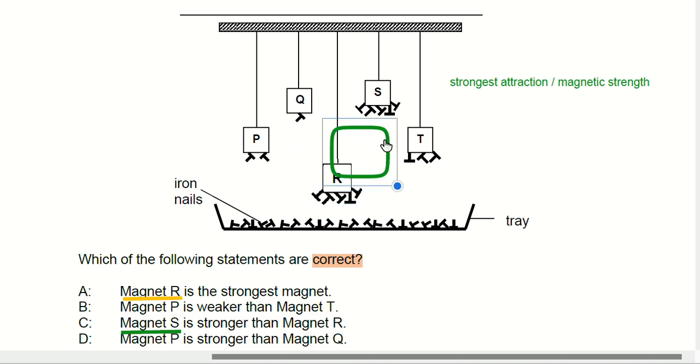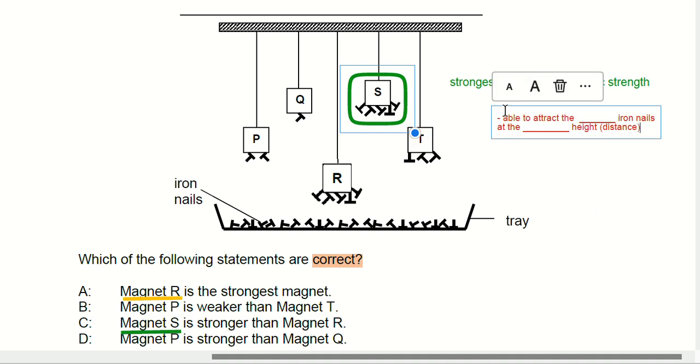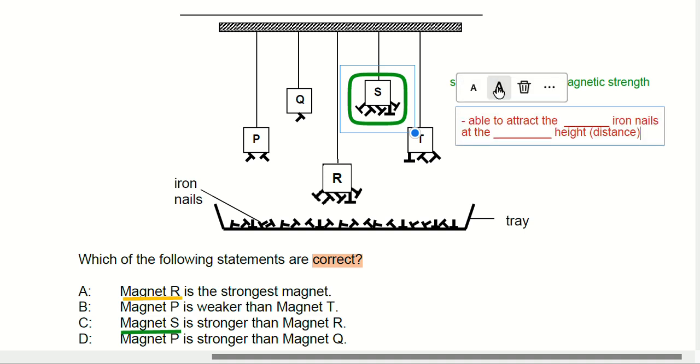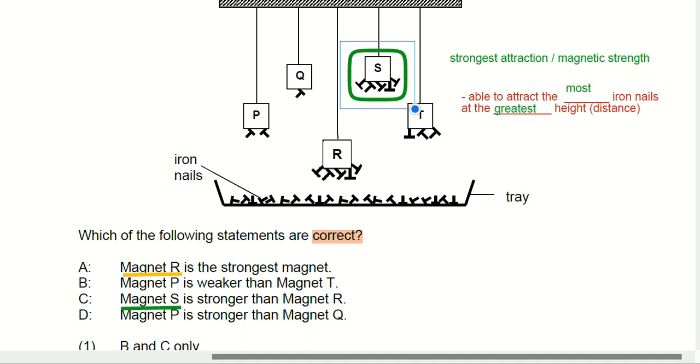However, magnet S is able to attract the most number of nails at the greatest distance, which means that magnet S is actually the strongest magnet out of the 5 magnets.